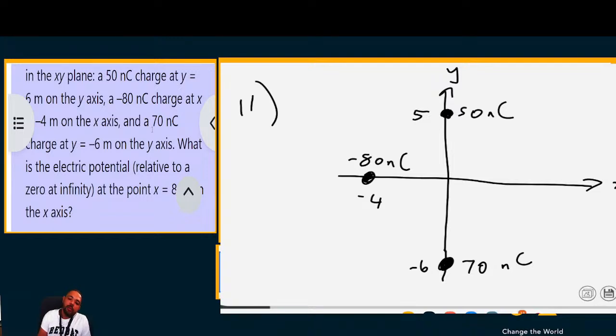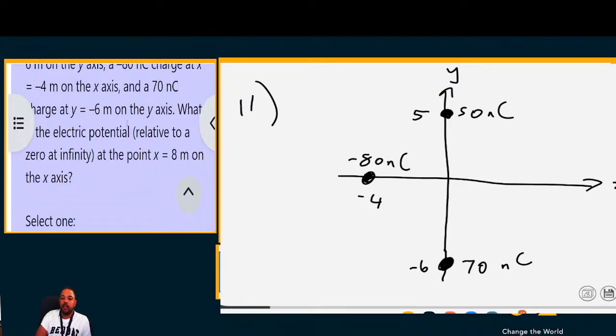What is the electric potential relative to 0 at infinity? So we're taking at infinity the electric potential is 0, and if you were to use the derivation, you would see why that is the case. So we need to find the electric potential at a point x equals 8 meters on the x-axis.